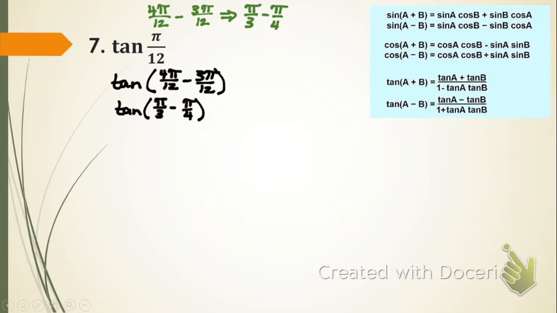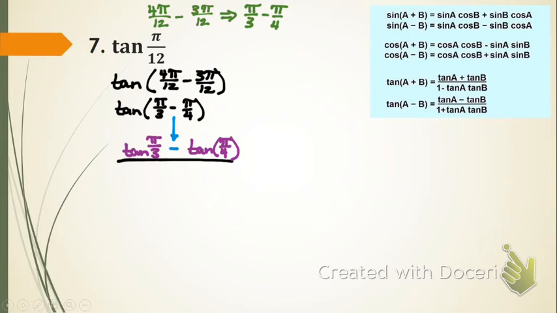So now we're going to move to our tangent formula. I need a fraction. In the numerator, I'm going to have tangent of my first angle. I'm going to have tangent of my second angle. Tell me about the operator between them. Minus.